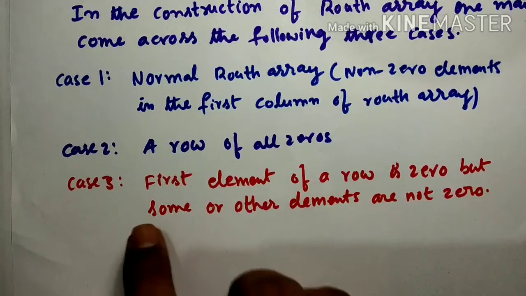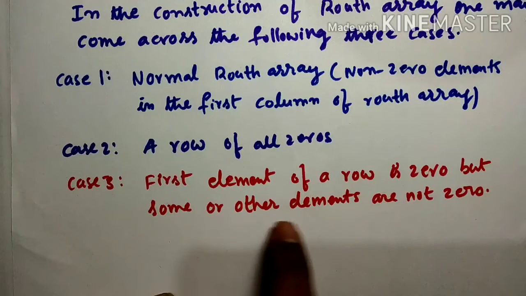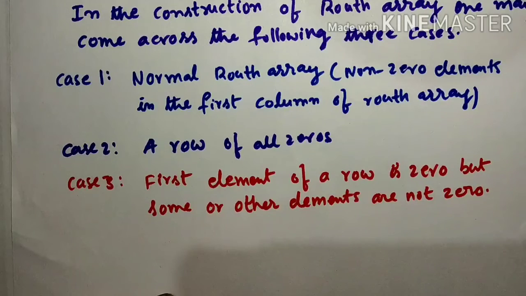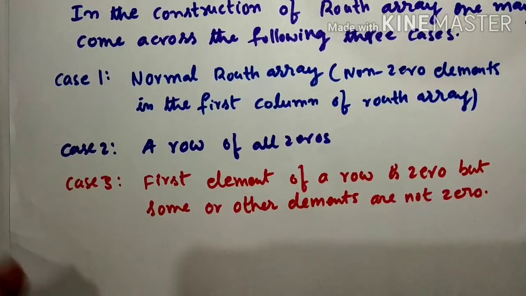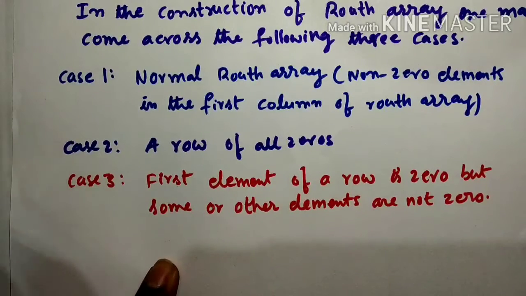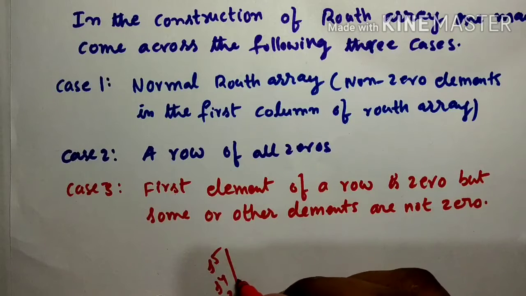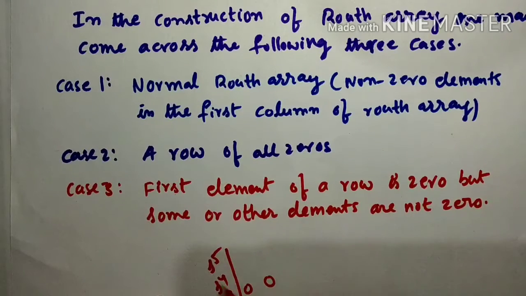The third case is when the first element of a row is 0, but some or other elements are not 0. The first element of the row is 0, but not all. In the second case, you got an all-zero row, for example at s^5, s^4, s^3 and so on. But in the third case it's not like that.